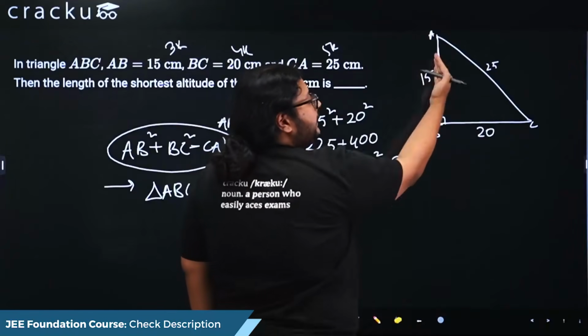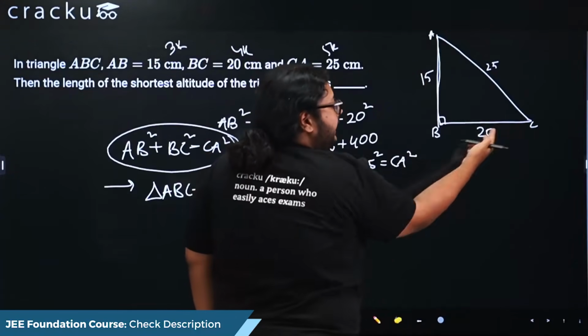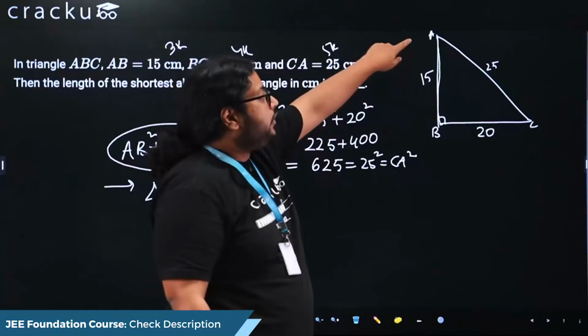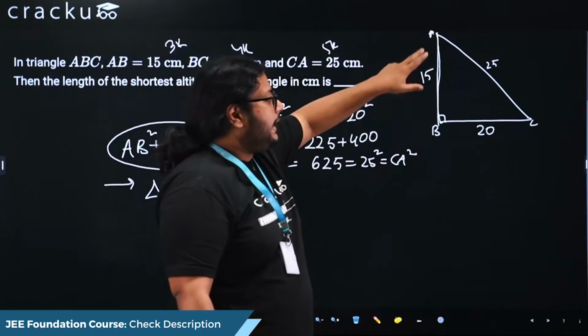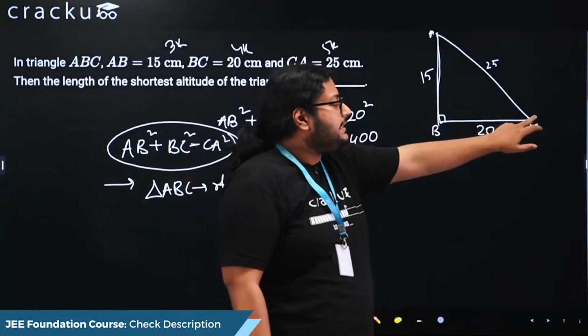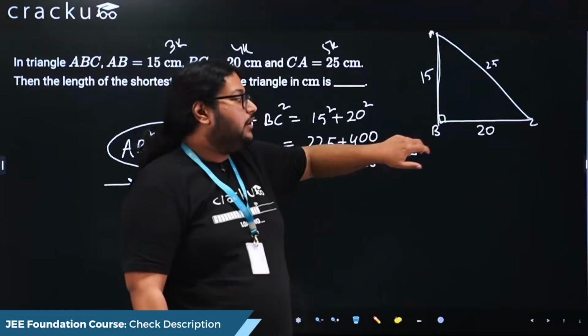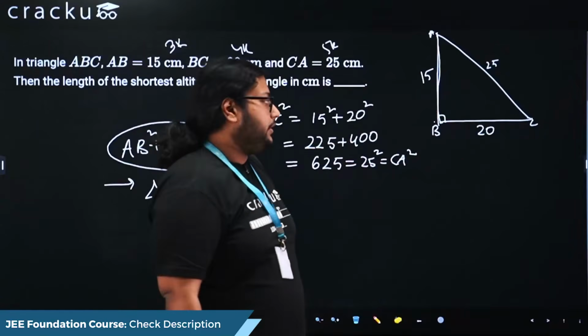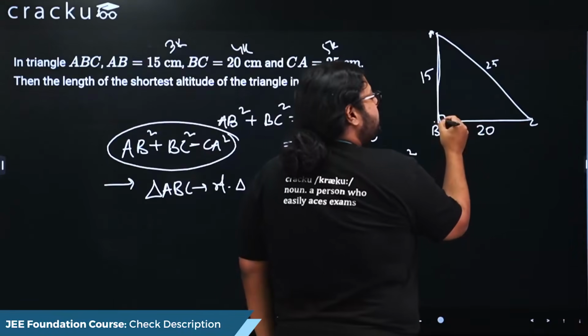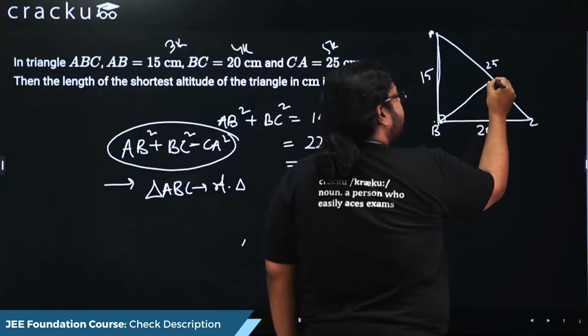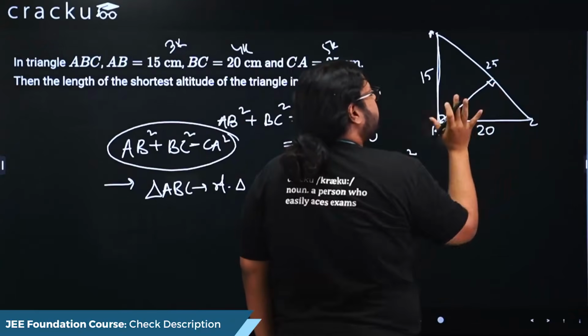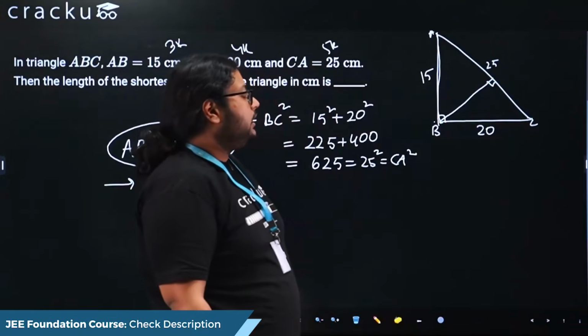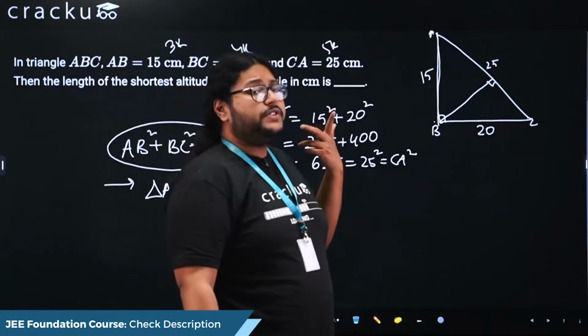Similarly, if I had taken AB to be the base, in that case BC is an altitude. So from point A, AB is the altitude. From point C, BC is the altitude. From point B, what will be the altitude? From point B, we can construct something like this. This will be the altitude. Now, which will be the shortest one?